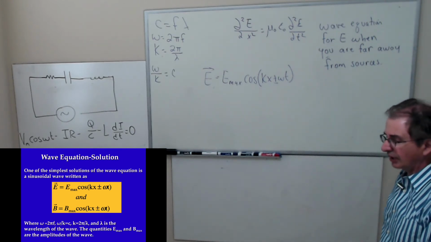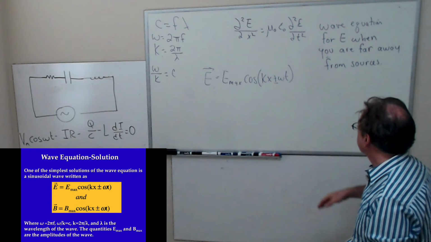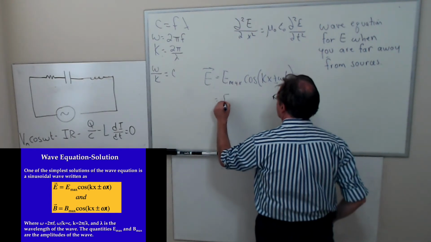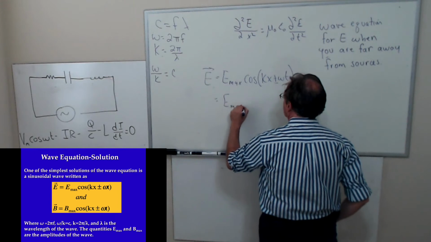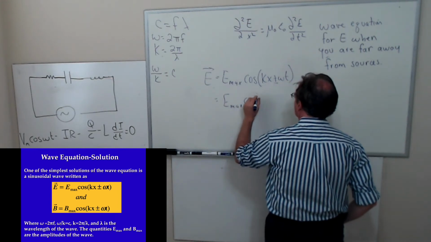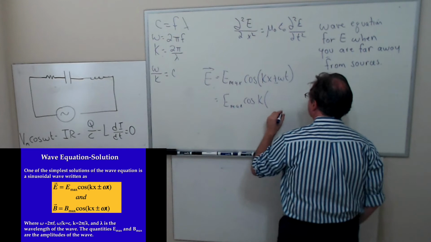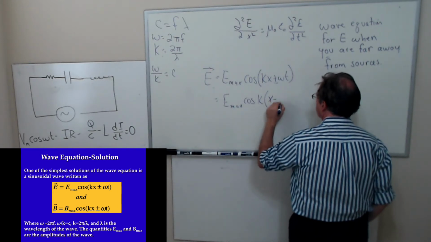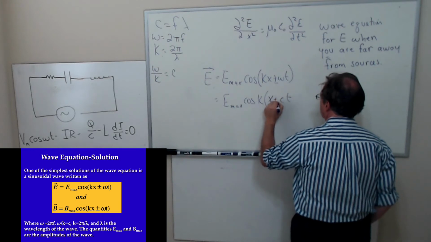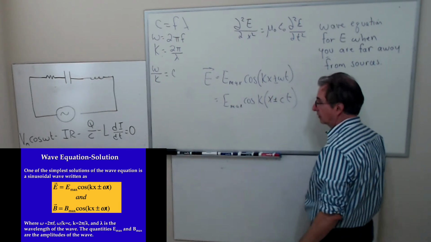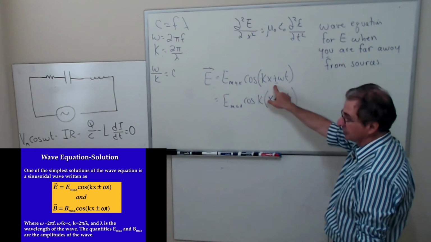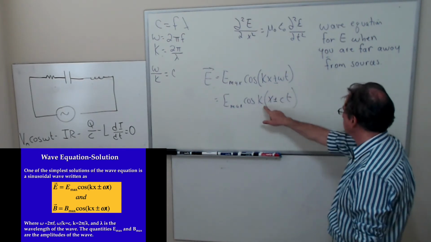If I factor the k out of here, I'll get that. Okay. You got to write it this way in this particular case because this whole thing has to be dimensionless.